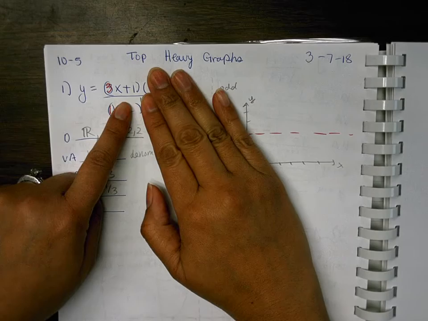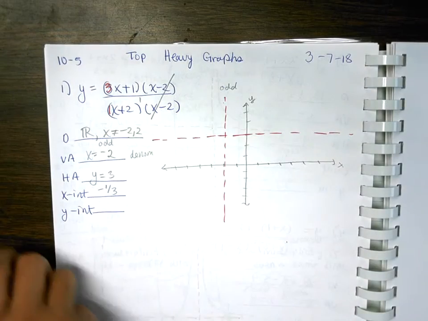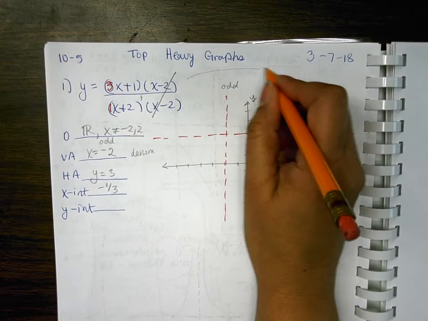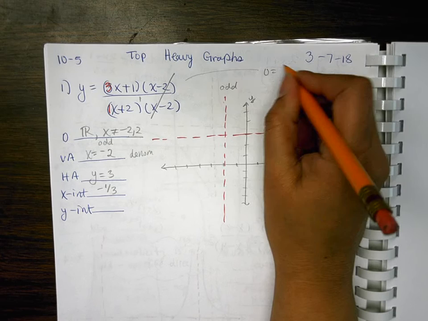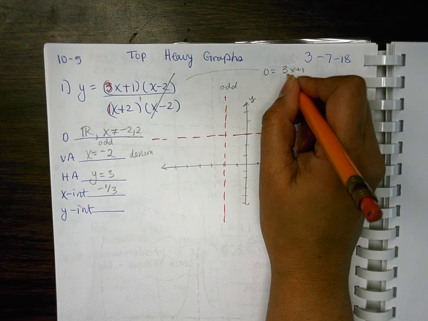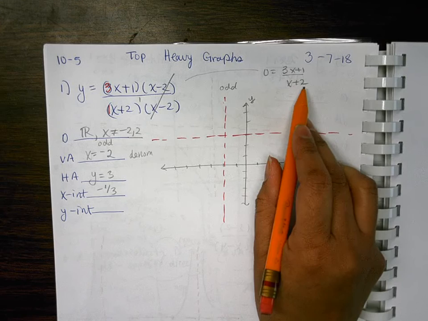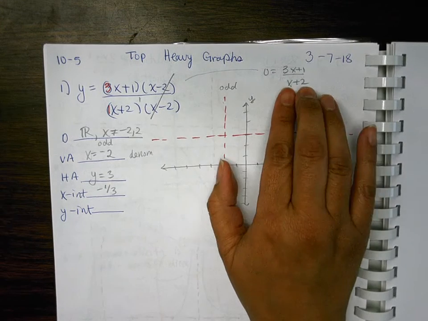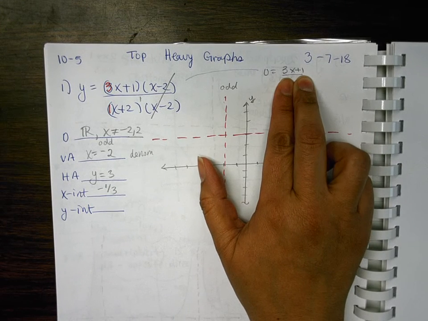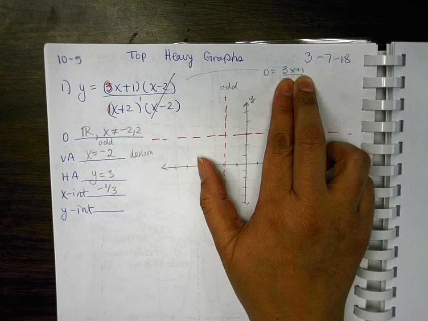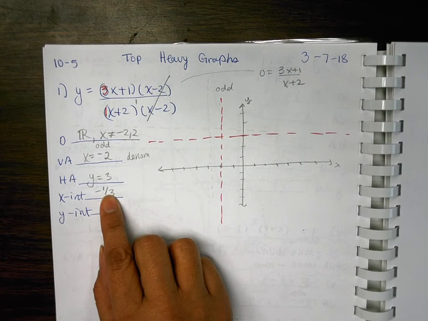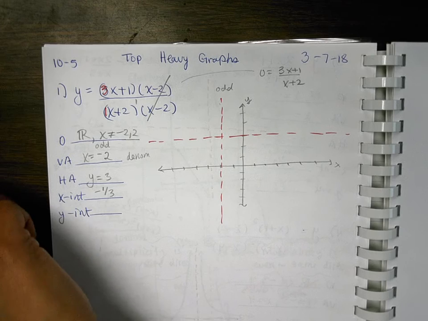If you set this equal to, was that a no? Okay. So I'm going to set this equal to 0, but remember I reduced that. So 3x plus 1 over x plus 2. What's going to happen with the x plus 2? It's going to cross out, so you're left with this. And how do you solve that? Subtract and divide by 3. -1/3. Are we good? All right, -1/3.